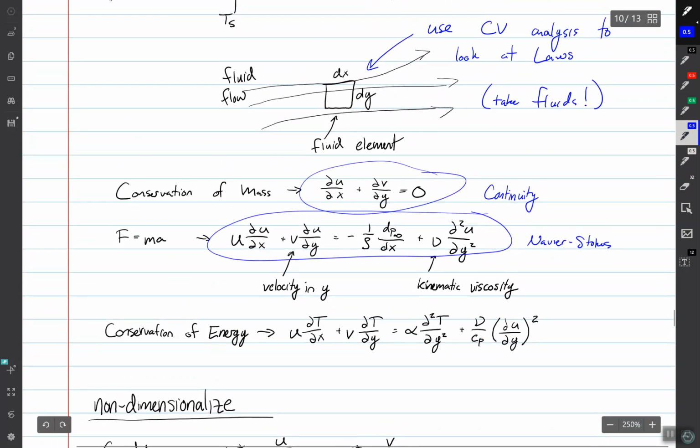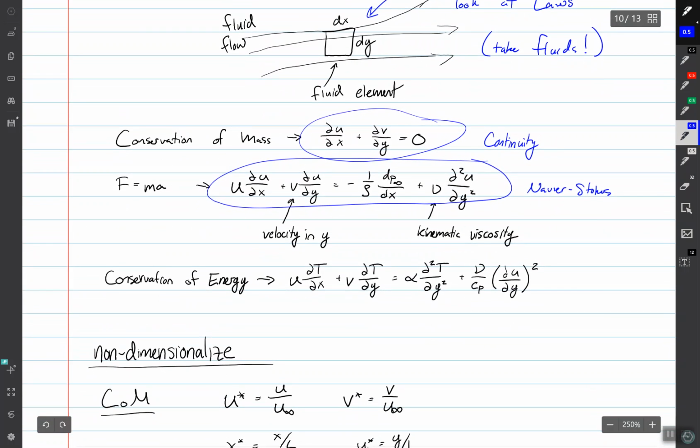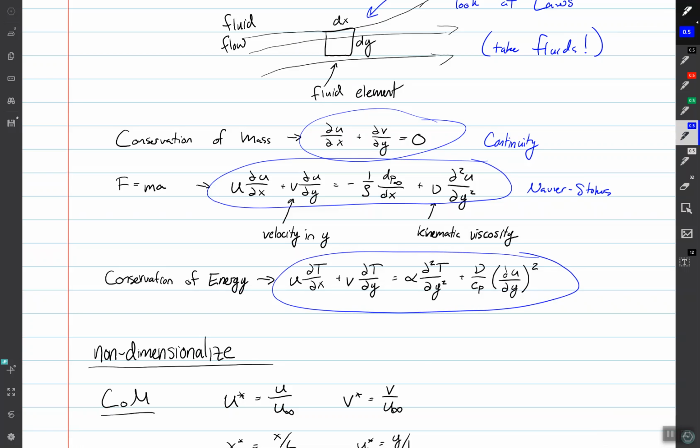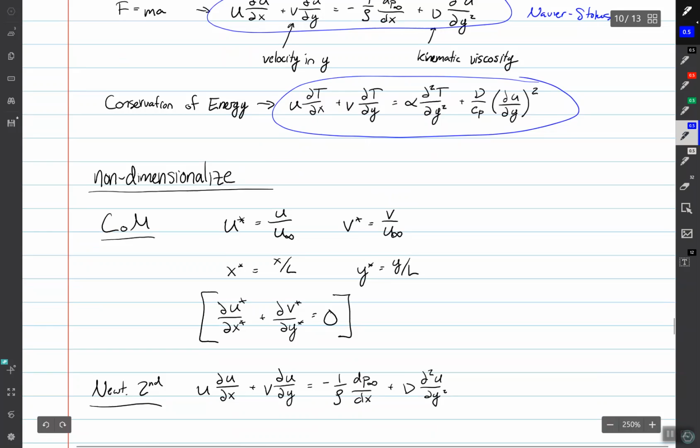And then we don't do this in fluids, but we could do the first law in the same way that we derived Navier-Stokes and continuity. We could do the same thing with the first law of thermo and get the conservation of energy equation, or the energy equation. So these are really the three fundamental equations that are governing our fluid properties and all the processes happening in the boundary layer.